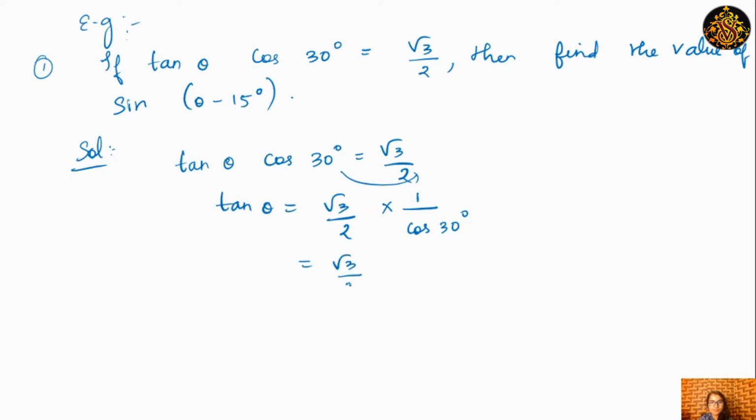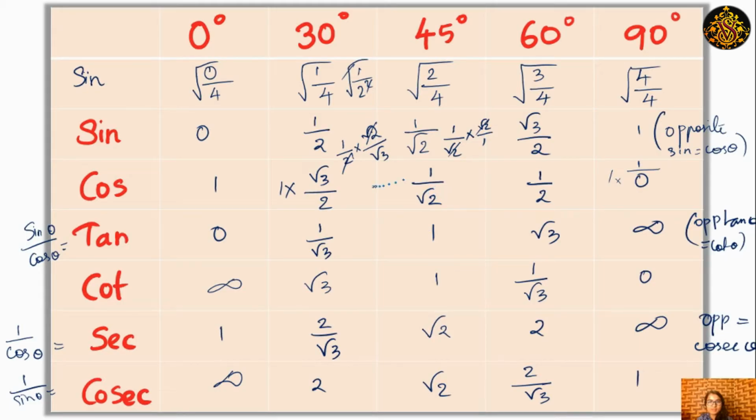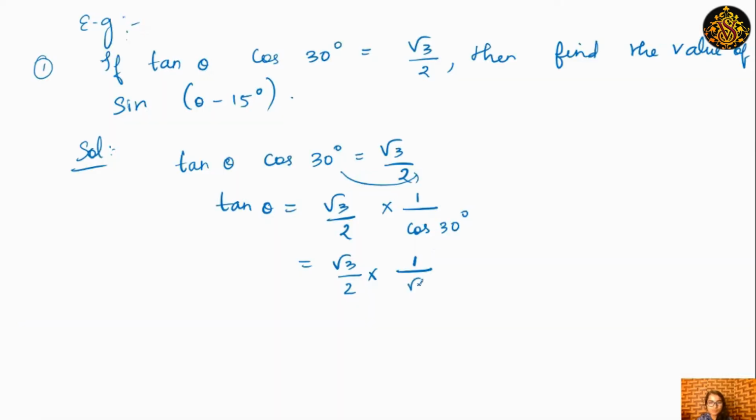What is cos 30 degree from the table? By remembering this, easily you can find the values. So cos 30 degree is root 3 by 2. So root 3 by 2 into 2 by root 3. As it is 1 by root 3 by 2, take the reciprocal, 2 by root 3. So everything gets cancelled. The value is 1.